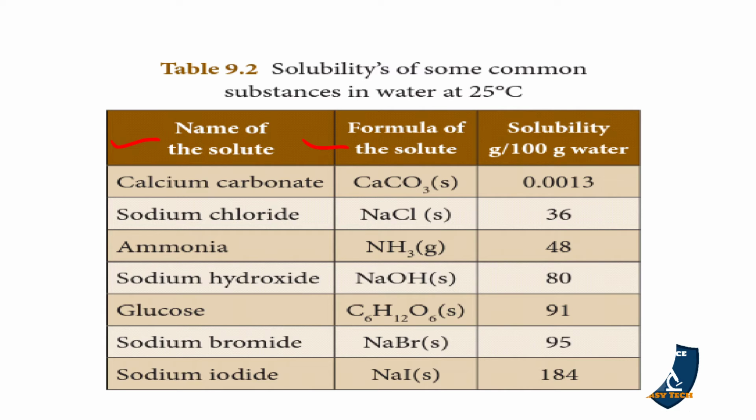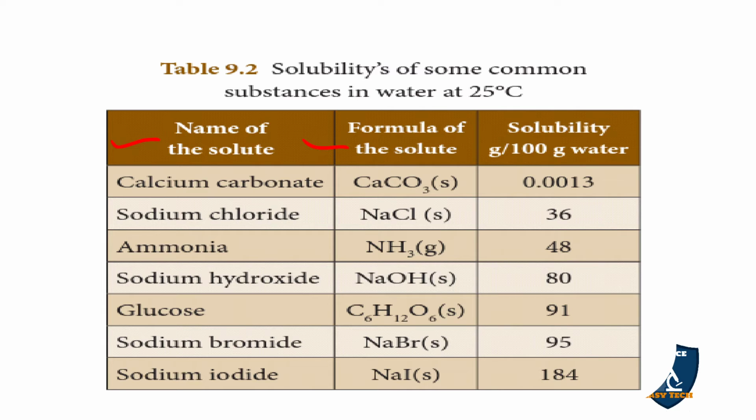So calcium carbonate, CaCO3, is a solid solute: 0.013. Sodium chloride, NaCl: 36. Ammonia, NH3, a gas: 48. The above two are solids and this one, NH3, ammonia, is a gas.